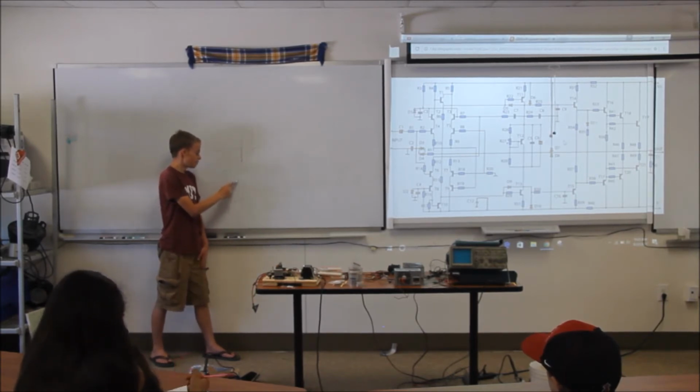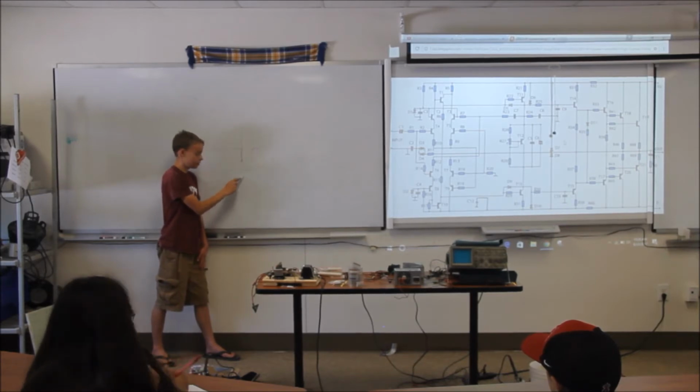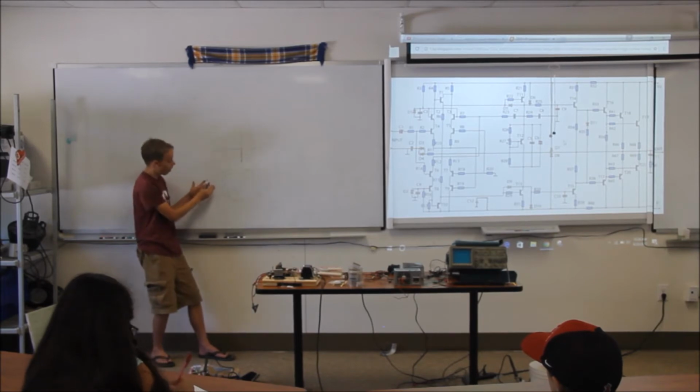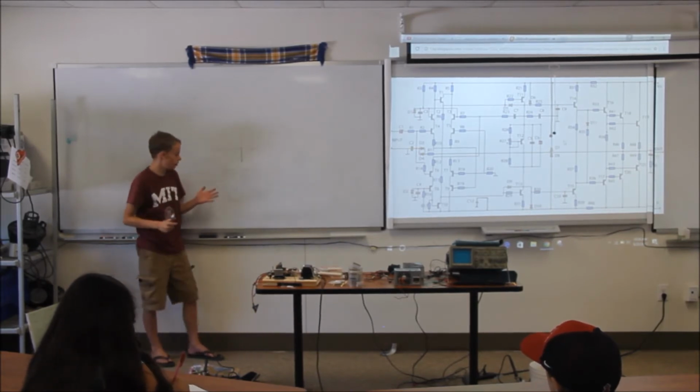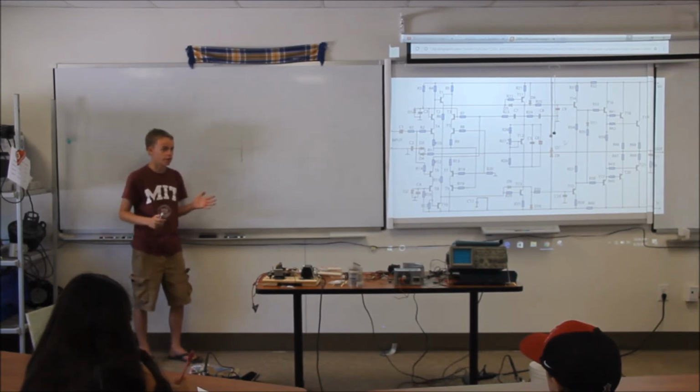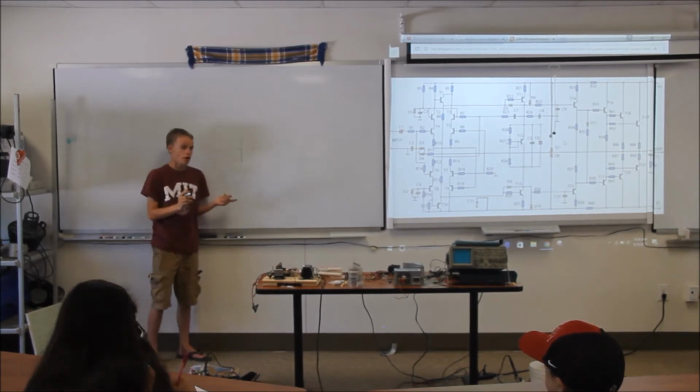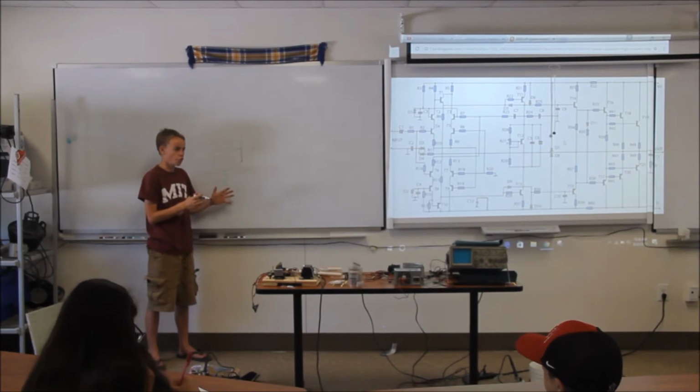That means one plate would have lots of electrons on it. One plate would not. And so even if you take off the power source, the plates are still going to be charged to the voltage they were given. That means this stored energy can be used for something else.